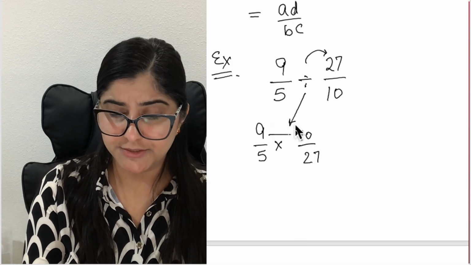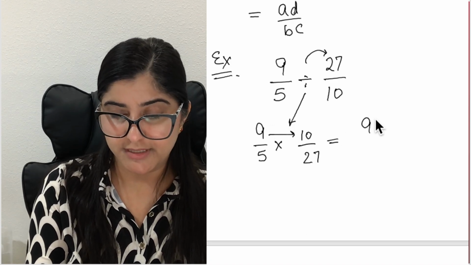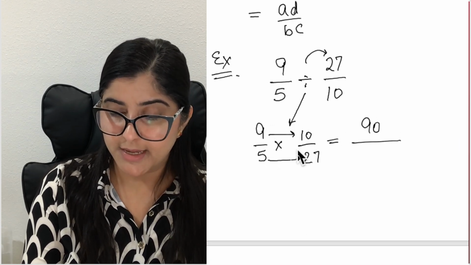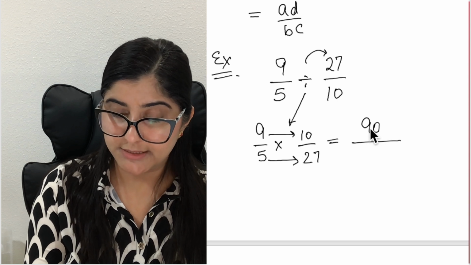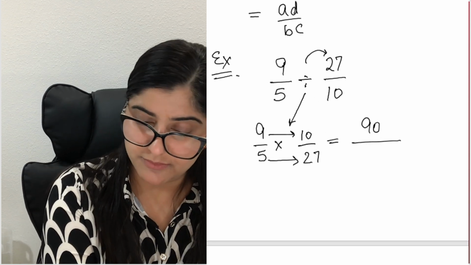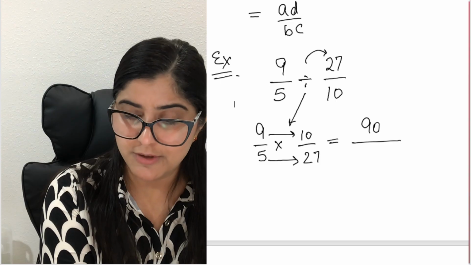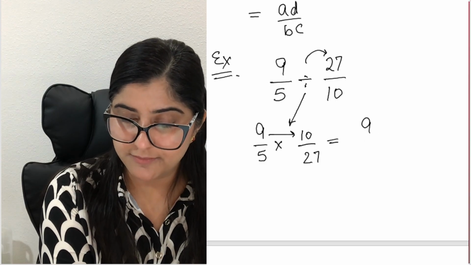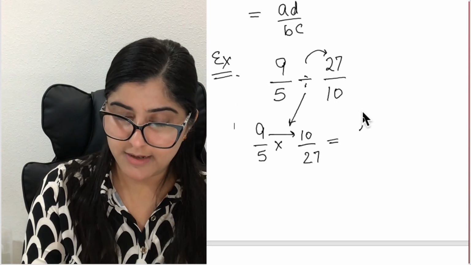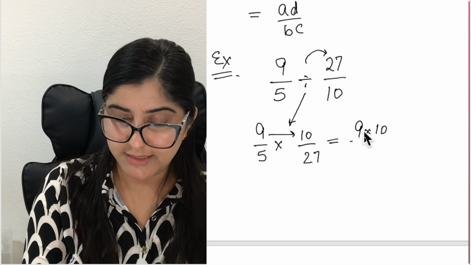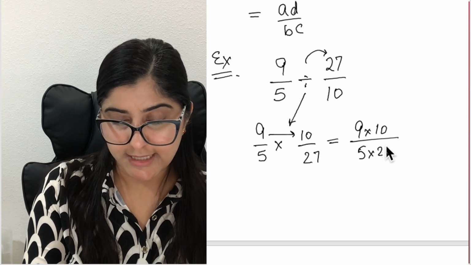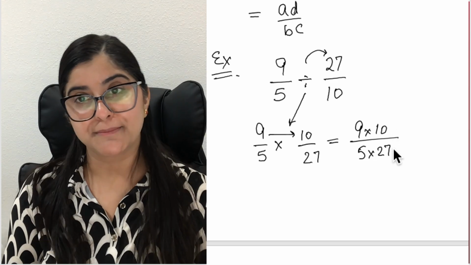And for multiplication, we know that we will multiply numerators with numerators and denominators with denominators. If you don't want to multiply, like 5 times 27, I don't know. But I can just write here 9 times 10 in the numerator and 5 times 27, and I can multiply in the next step.